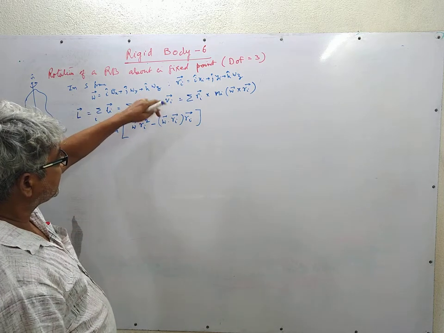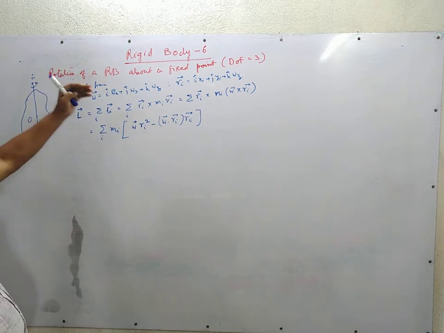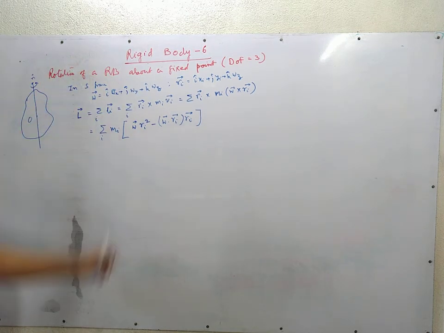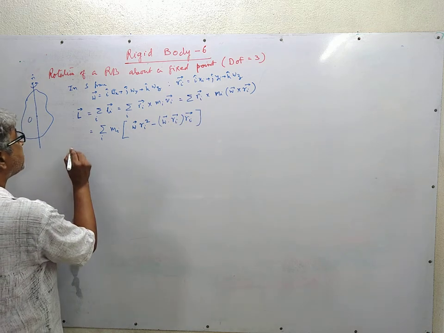Since in this case, for rotation about a fixed point, omega and R both have all three Cartesian components, the expression is a bit lengthy, not complicated.